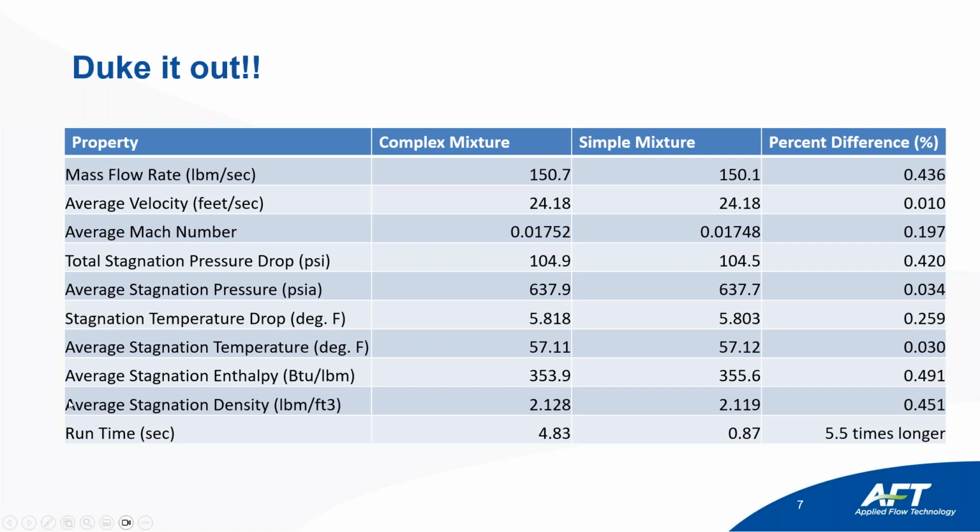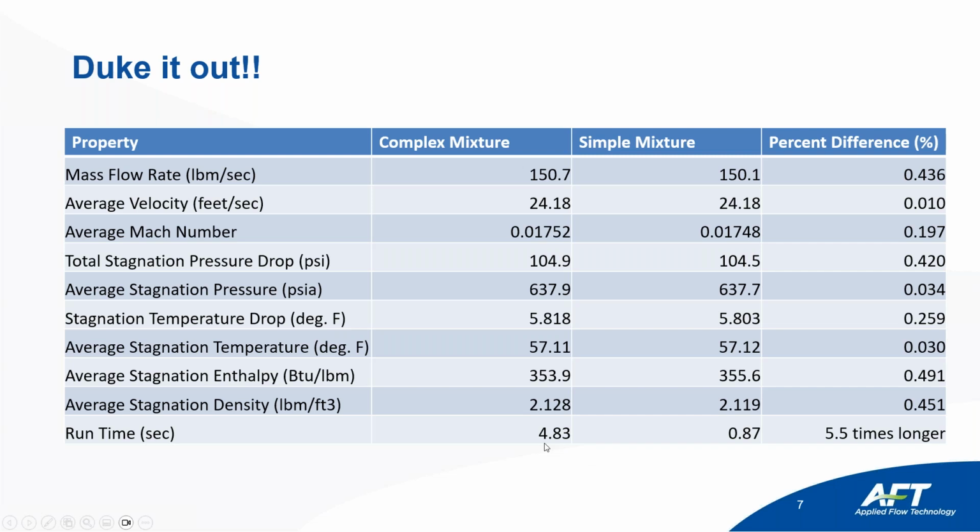Even with the density, we're using completely different mixtures from each other, so the densities are different, but how different are they? No more than 0.5%. So all of these results are close to each other in value, but when we compare the run times with each other, they're significantly longer.